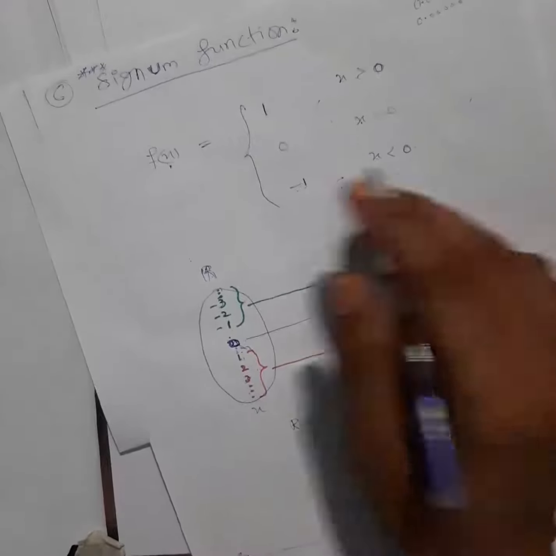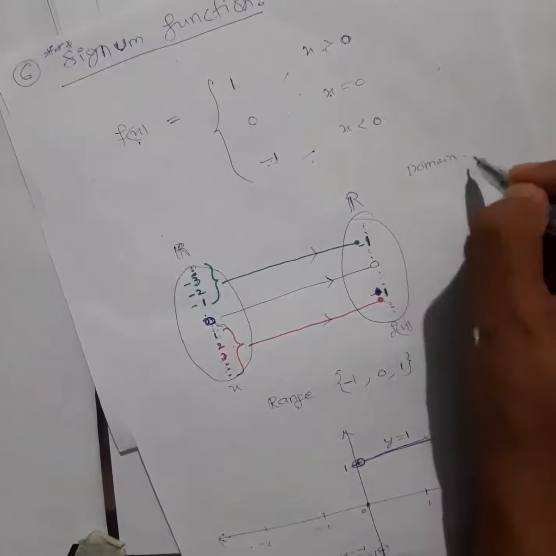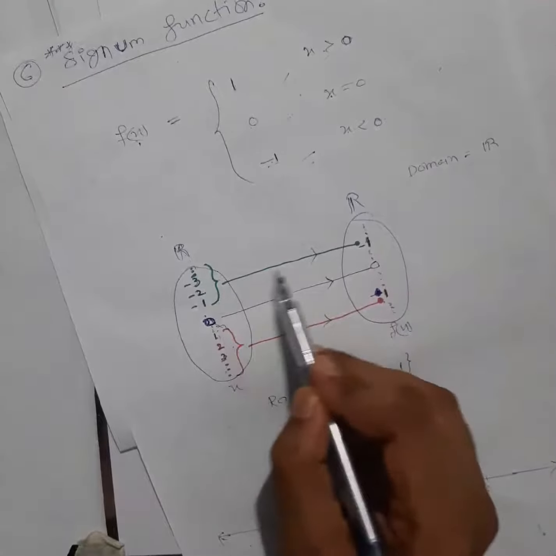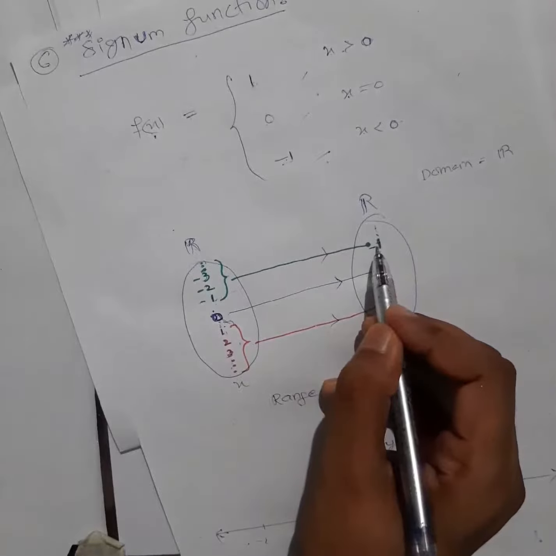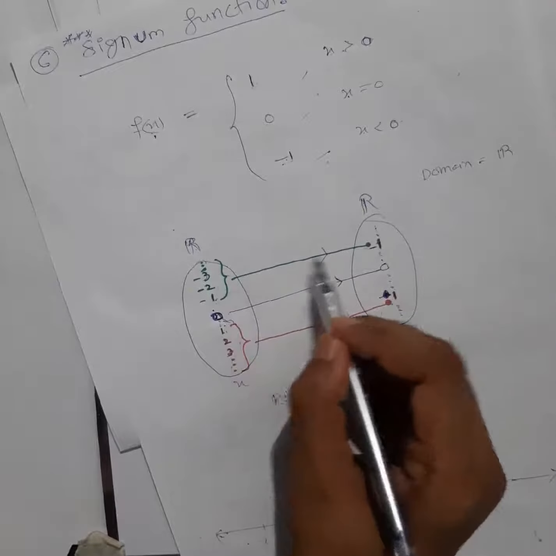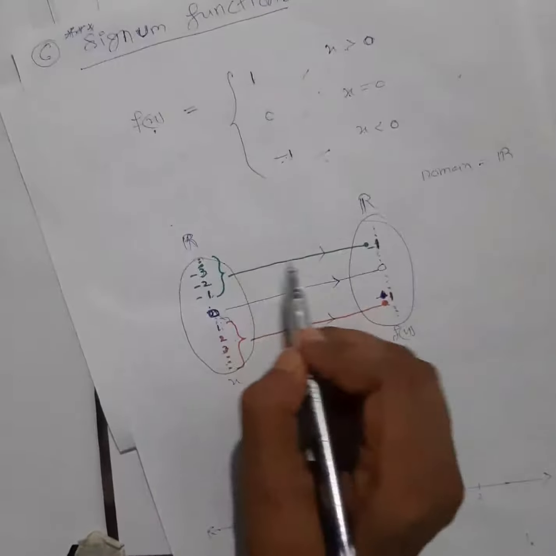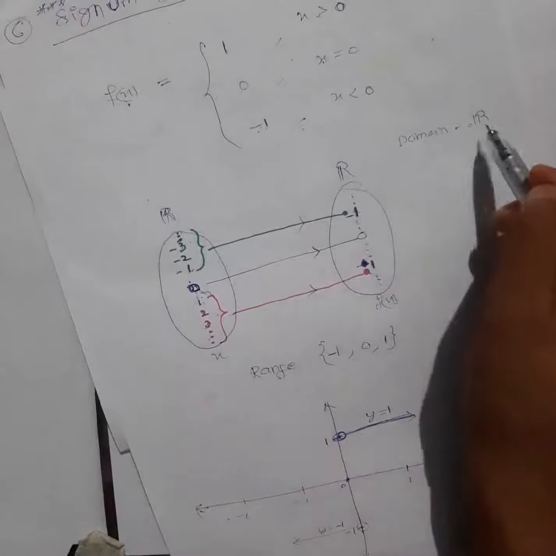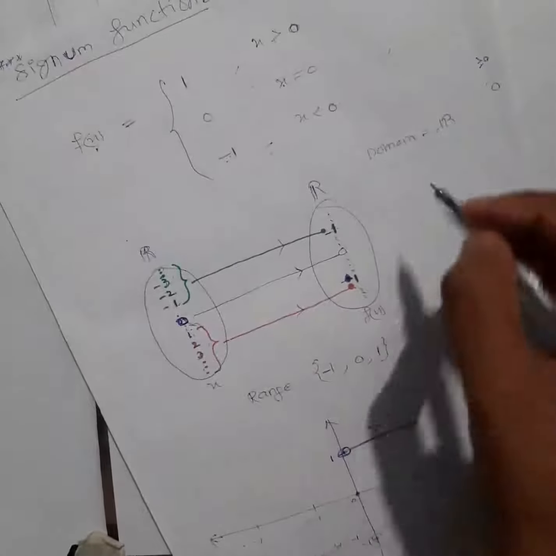Now see here, if I ask you what the domain is here, the domain will be the set of real numbers. You can see all elements have an image, and how many images? Minus 1, how many images? Only 1. Minus 1 is the image of this. Minus 2, minus 1 only image. Minus 3, 1 image. All elements will have exactly 1 image. So the set of real numbers. This also has an image, all these elements also will have an image.